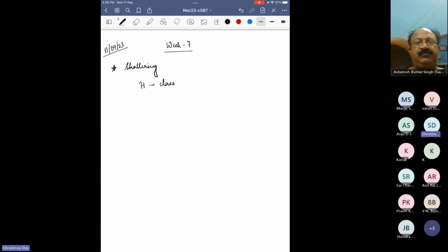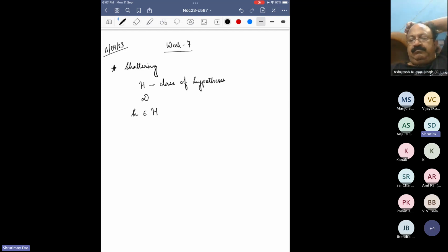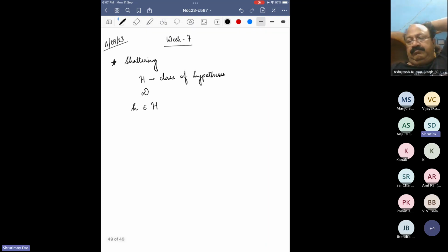So this is a class or family of hypotheses, and given some data, say D, we want to see whether there is any subset of the data such that, suppose we have some hypothesis drawn from this class of hypotheses H, for all possible labelings of the sample.